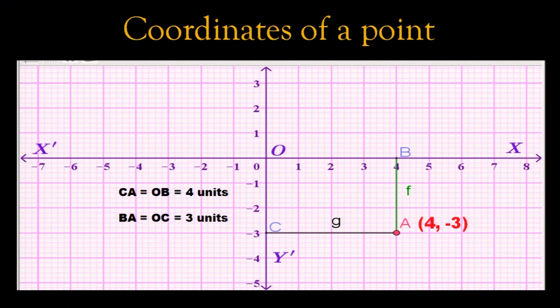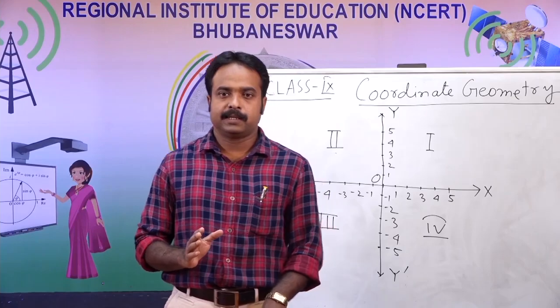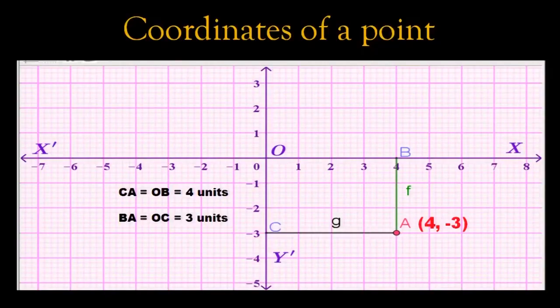And we have to write this coordinate within small brackets. Here 4 is the distance of the point A from the y-axis. That's why this is 4.